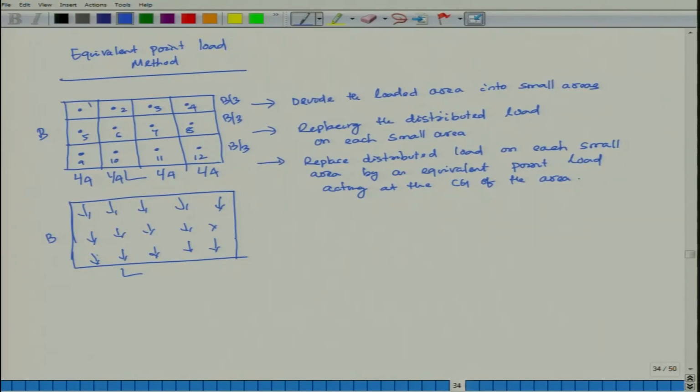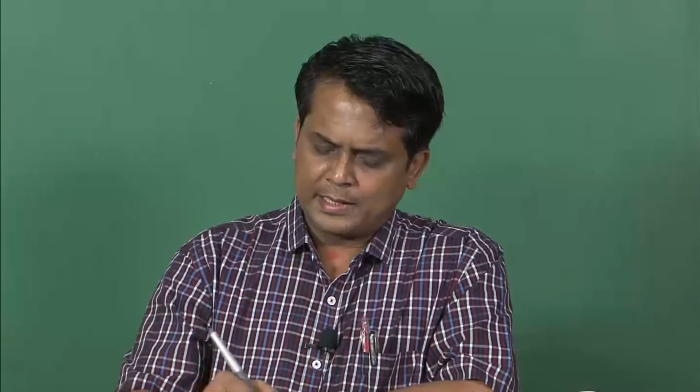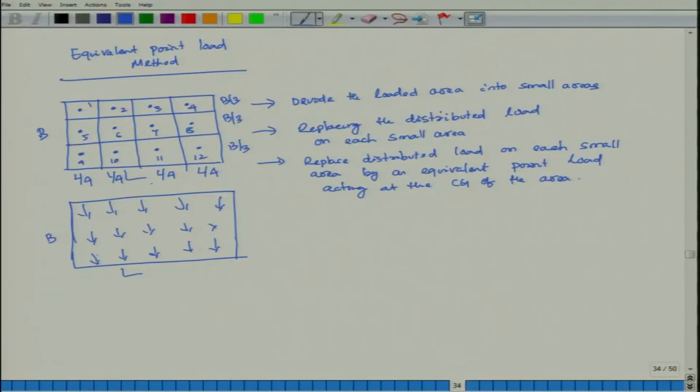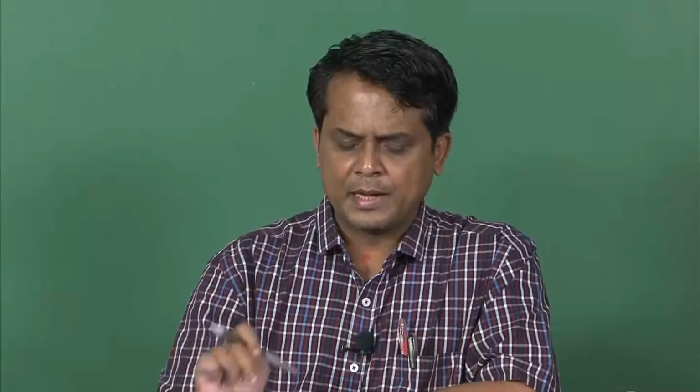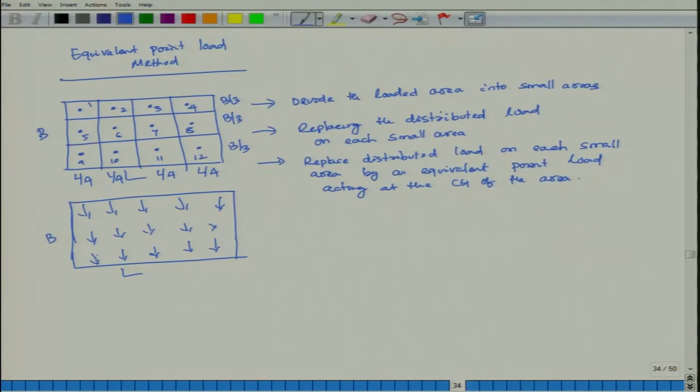Suppose this distributed load is 10 kilonewton per meter square, acting over your B by L. Now this distributed load is divided over small areas. So this is area B by 3 by L by 4, and the load has to be distributed over this area.